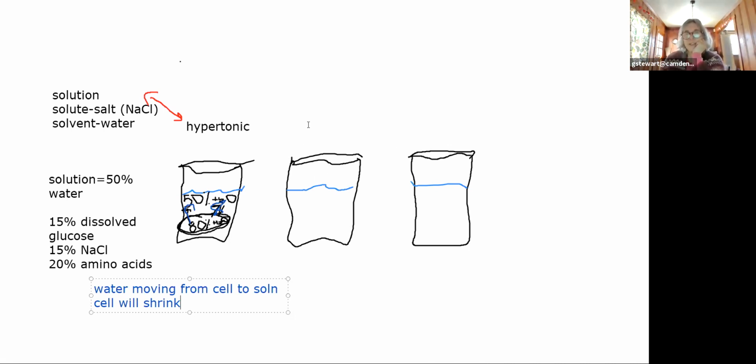Now we're going to look at isotonic next. And I know you want to look at hypotonic, because you're like, I understand isotonic, but we're just going to make sure here, right? So I'm going to put a little box here and put iso, right? So isotonic solution would be, and I'm going to take the painful minutes to draw that, right?